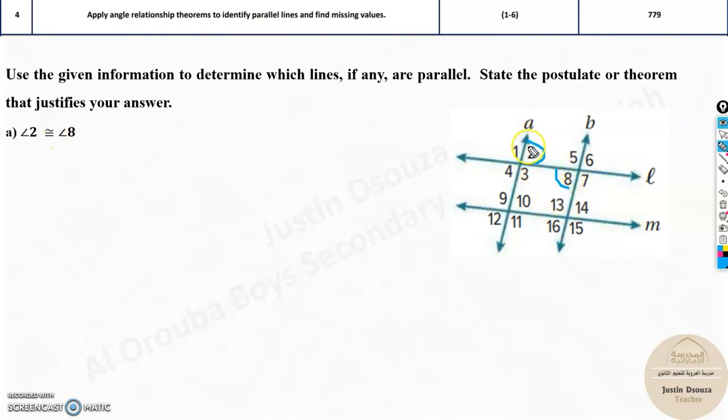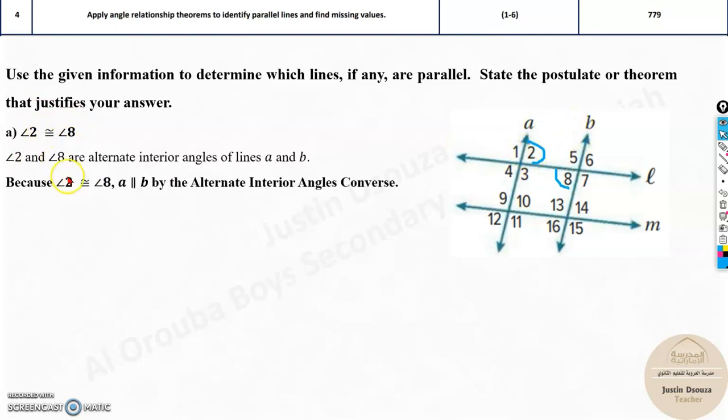It's 2 and 8. Look at them. Which is the theorem? It is alternate interior. But now they are asking us which lines are parallel. Now, if 2 and 8 are congruent or equal, then A and B will be parallel lines. So here A and B are parallel. Why? Because of the converse of alternate interior angles.